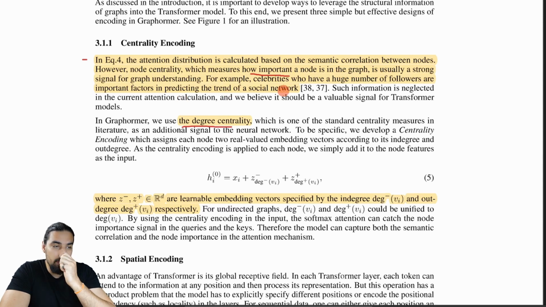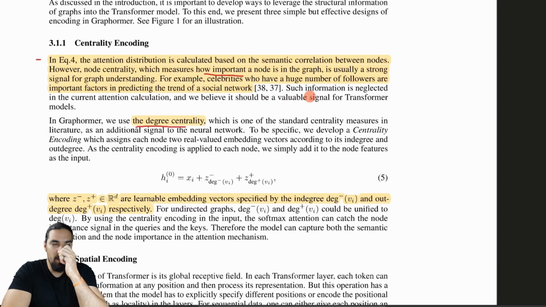For example, celebrities who have a huge number of followers are important factors in predicting the trend of a social network. As you can imagine, if Elon Musk tweets something, you can assume that a nice portion of the Twitter graph will be retweeting his content, so just because of a single node, you can predict the behavior of many other nodes. So that's a rough intuition for why this works.